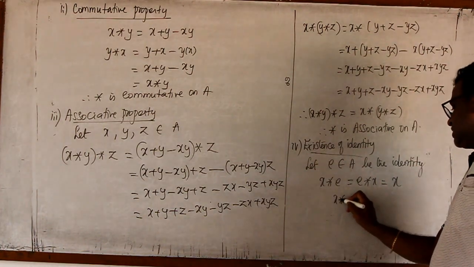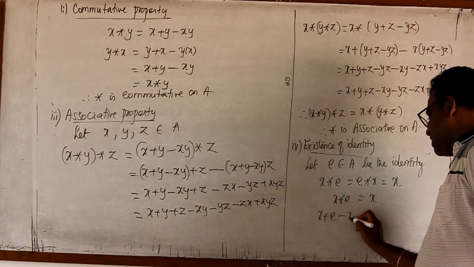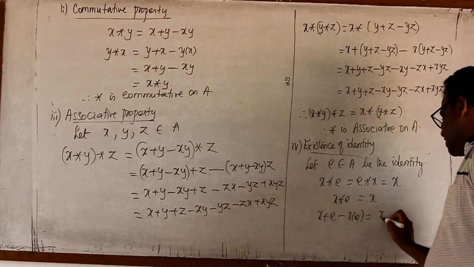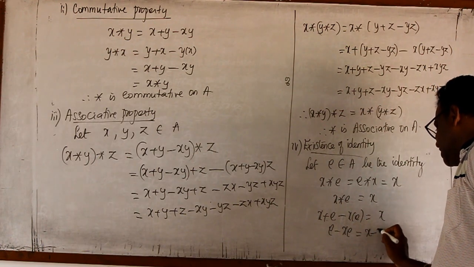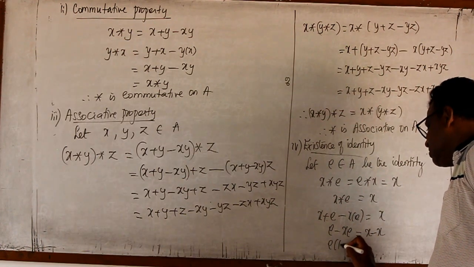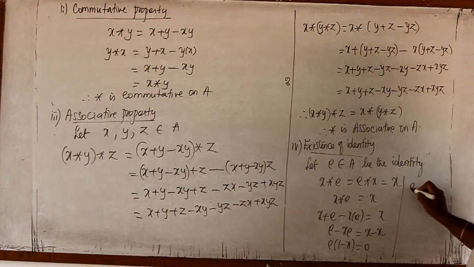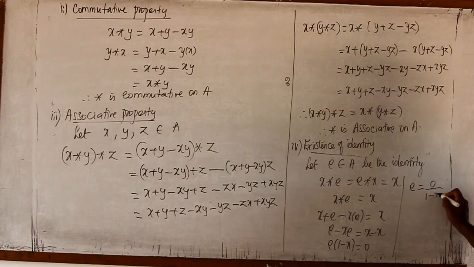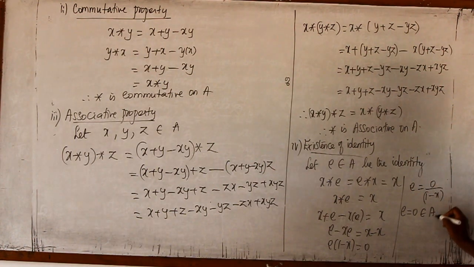So x star e equal to x plus e minus xe equal to x. e minus xe equal to x minus x. Taking e common, e into (1 minus x) equal to 0. So e equal to 0 by (1 minus x), e equal to 0. Definitely this belongs to A, and is the identity. So here the identity element is 0.